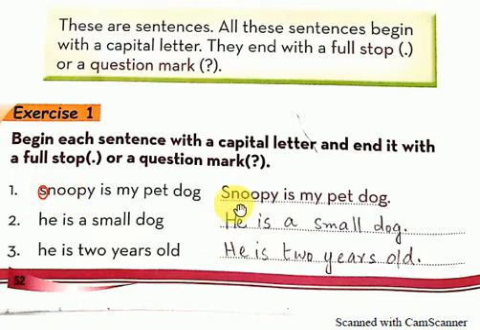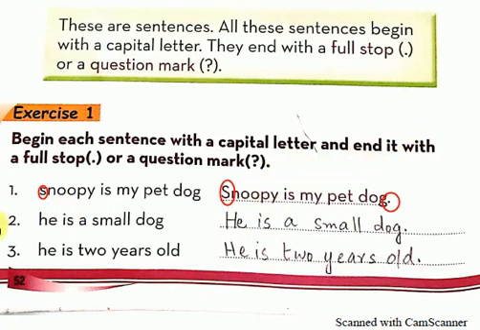So you can see here that he put S capital: Snoopy is my pet dog, and then he put a full stop at the end. Okay students, now this is the correct sentence. Now you have to write like this.